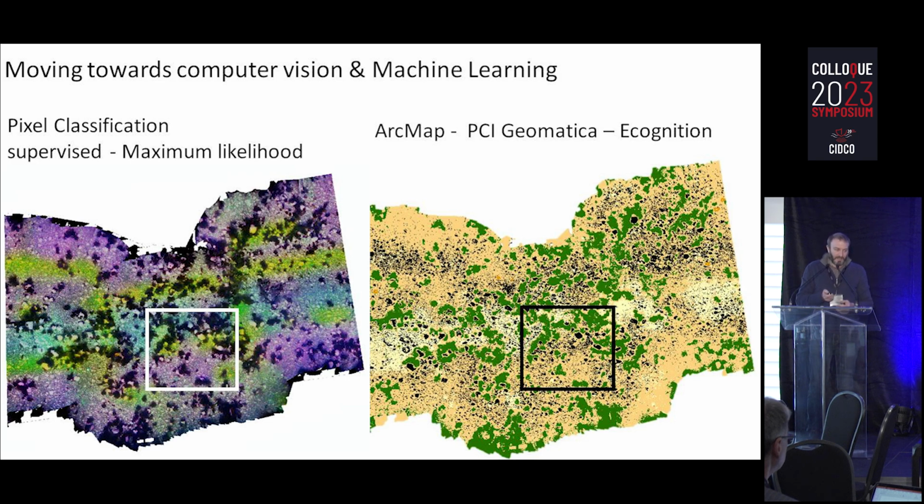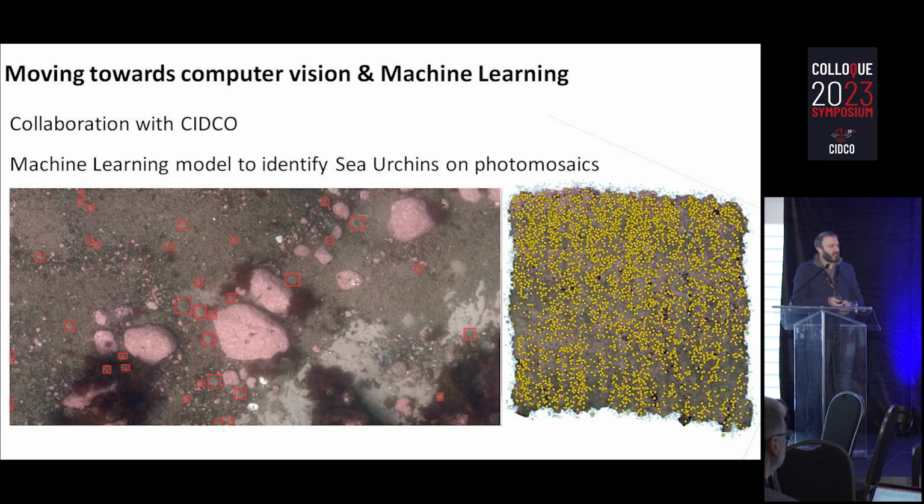We are also collaborating with CIDCO to try to use machine learning to annotate the presence of the different invertebrates in our photomosaics. Here is an example of the work CIDCO has done to identify sea urchins in our photomosaic, and you can speak with Guillaume Morissette. He's pretty happy about the results of his machine learning process.